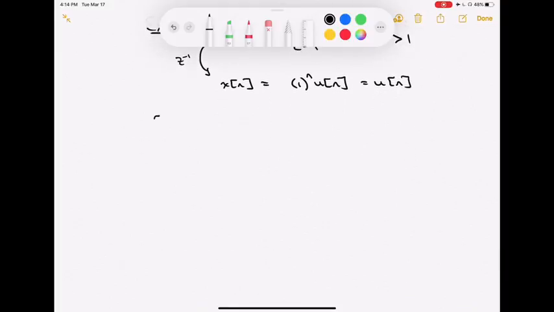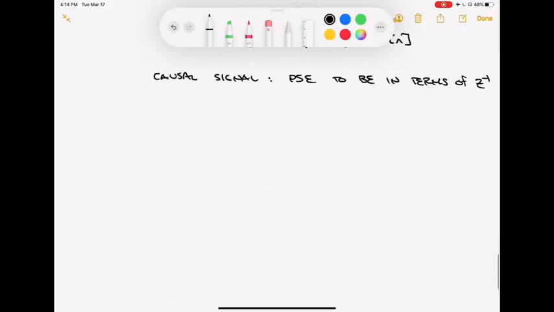For a causal signal, I want my power series expansion to be in terms of powers of z to the minus 1. So z to the minus 1, z to the minus 2, z to the minus 3, that sort of stuff. Because those correspond to shifted delta functions that are to the right of the origin.